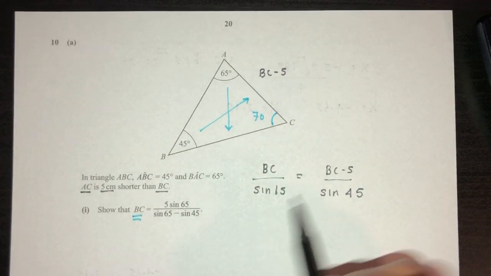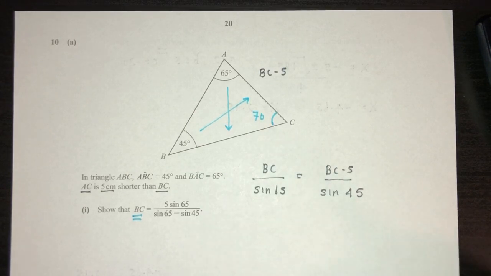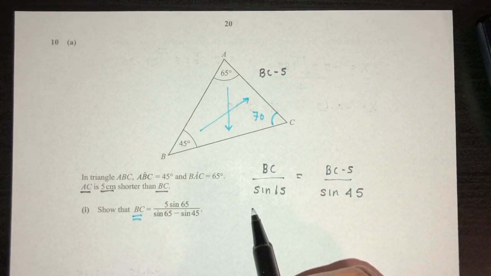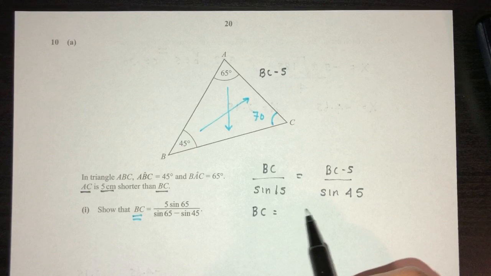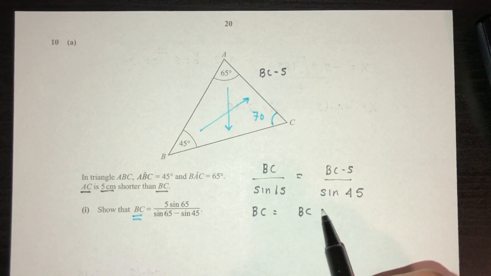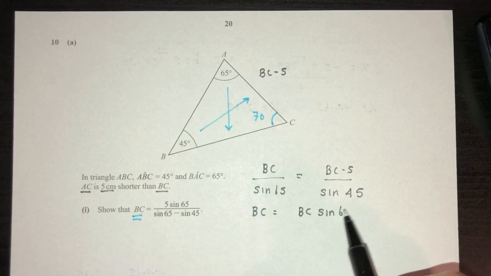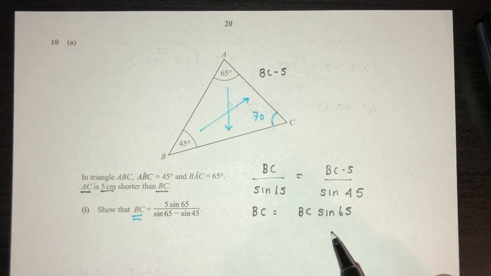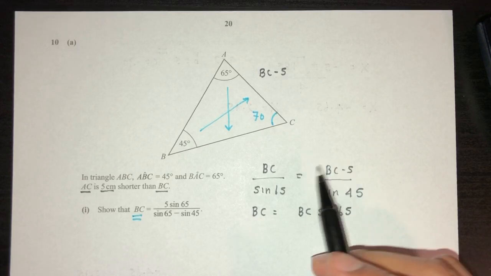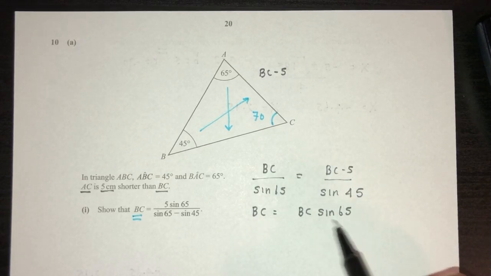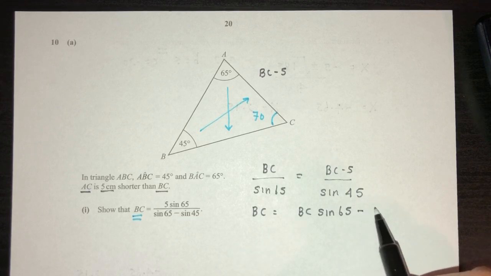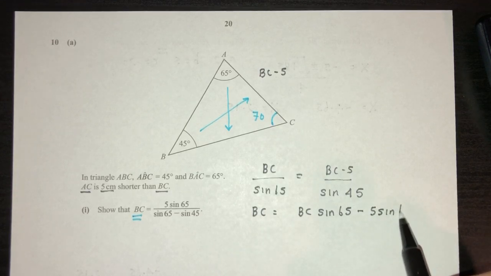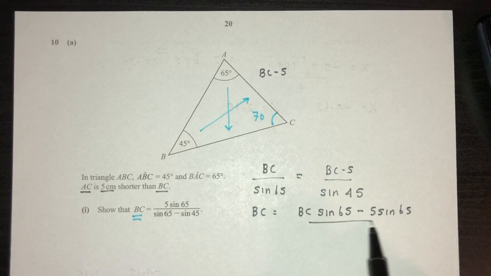Okay, now we have to make BC the subject of the formula. So you will have BC sine of 65 is equal to, and you will have what here? BC sine of 65 minus 5 sine of 65 over sine of 45. So we have to send this over here as well.